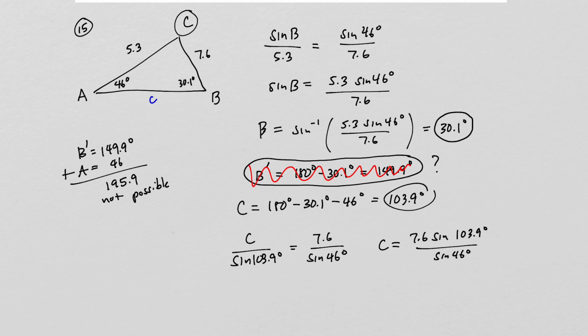And if we do the math on that, we get approximately 10.3. So our solution here is angle B is 30.1 degrees, angle C is 103.9 degrees, and side C is 10.3.